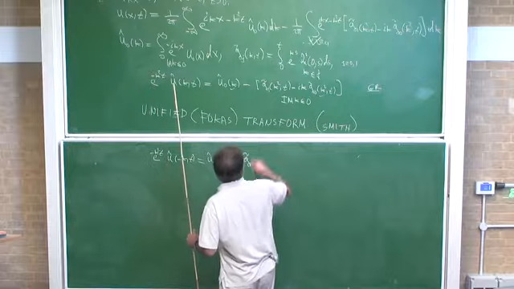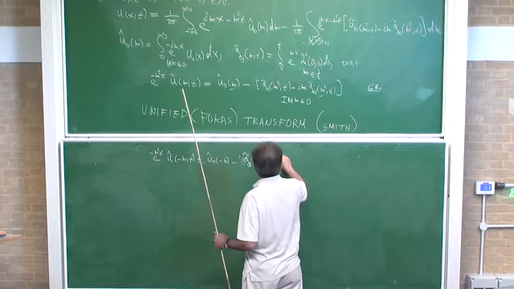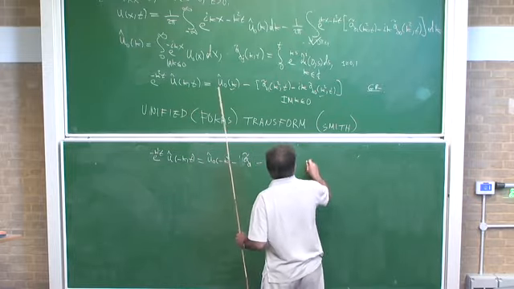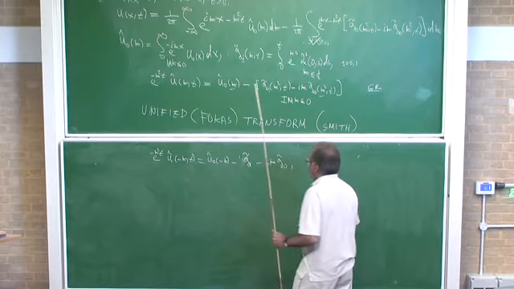This will be plus, but now will become minus. And this now is valid for k in the upper half plane, which is where I want it.